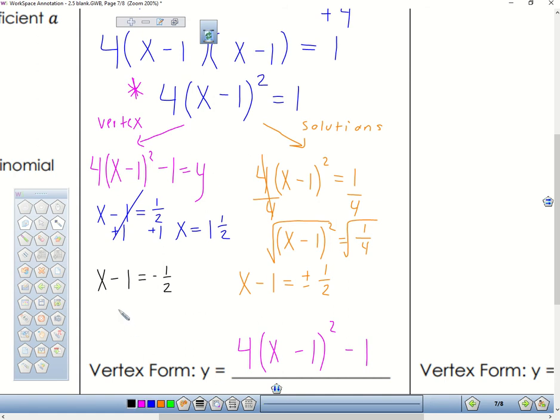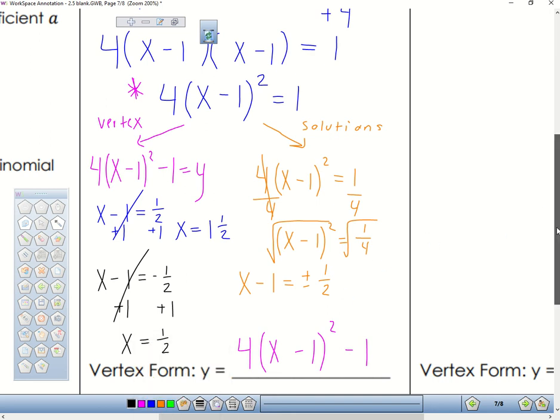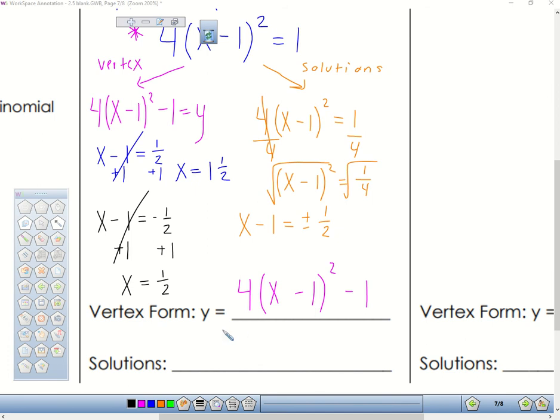And then over here, I'm going to add 1 to both sides, and that's going to give me x equals 1/2. So my two solutions are x equals 1/2 and x equals 1 1/2.